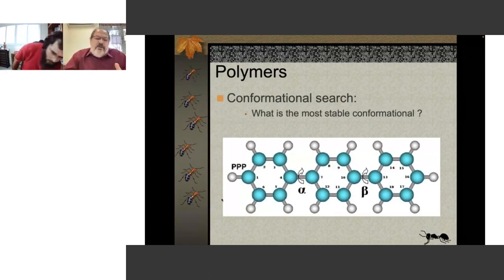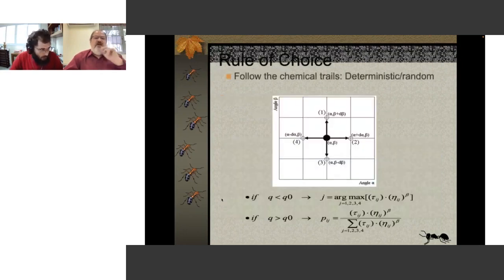If I rotate the first ring in relation to the second by 1 degree each time, we have 360 by 360. So it's 360 multiplied by 360 for 3 rings. Multiply this by 1,000, you have more possible solutions than the number of atoms in the universe. How can I find the minimum energy using my ants?